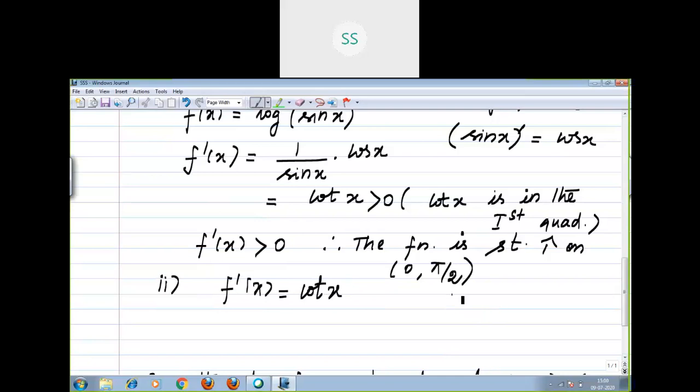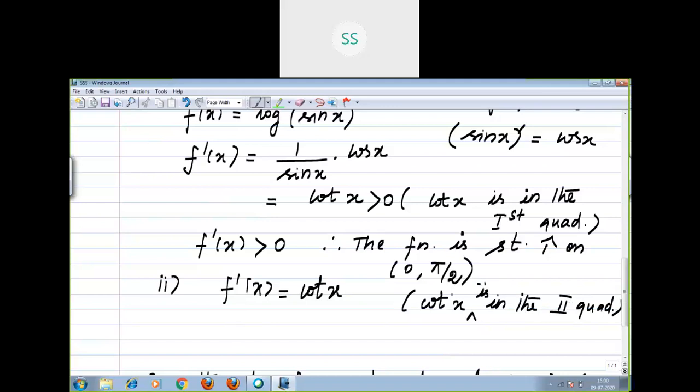Cot x lies in the second quadrant. Second quadrant is the sine house. Already I discussed, right? Second quadrant. So cot x is less than 0.